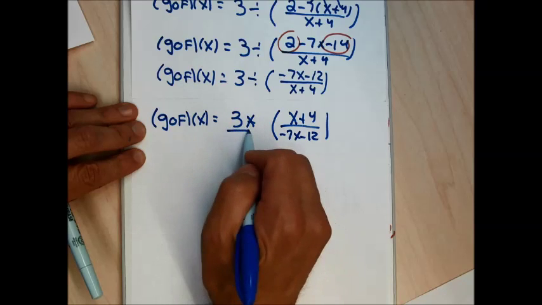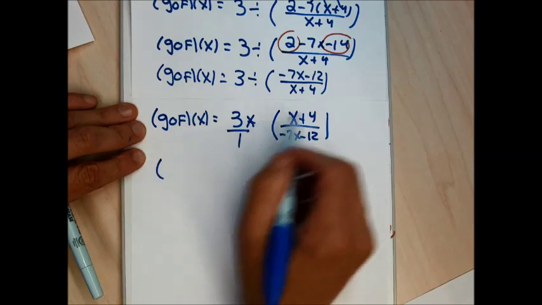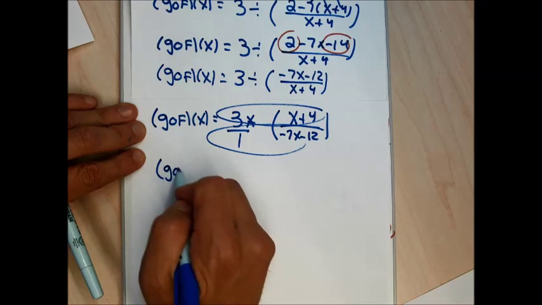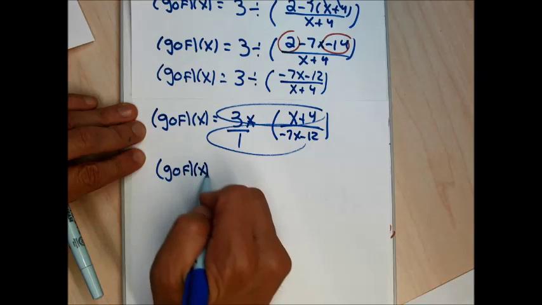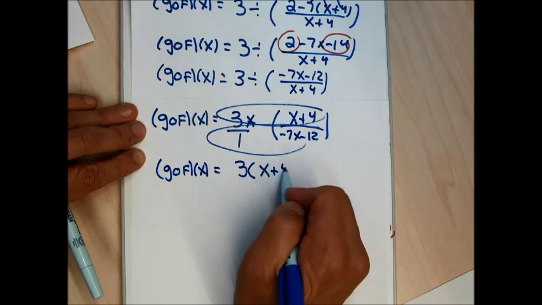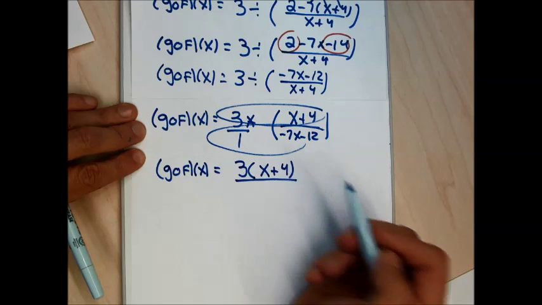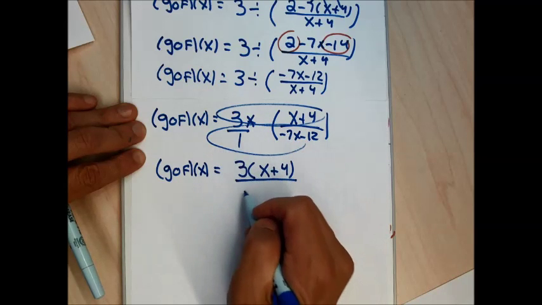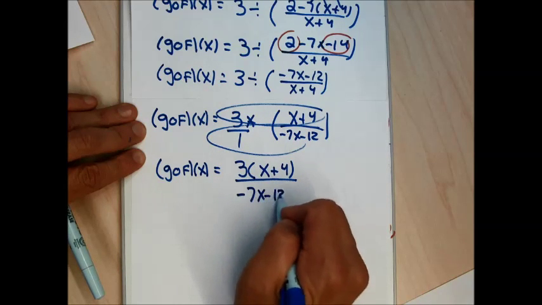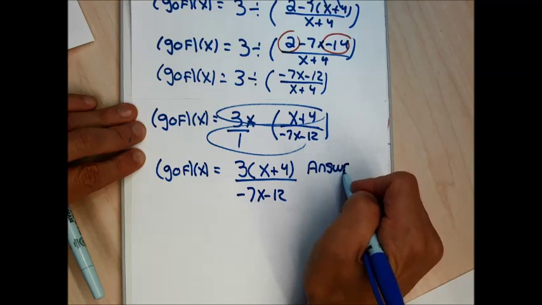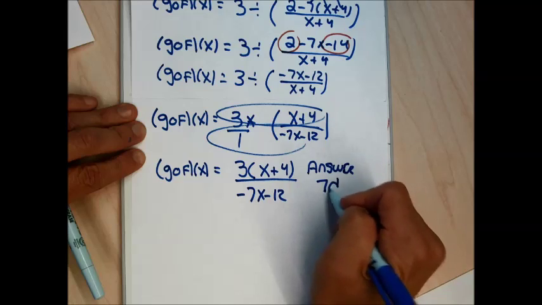I'm going to think of the 3 as 3 over 1 and multiply, and I'm not even going to take the time to factor out a negative from the denominator. In the numerator, I'm going to write 3 times x plus 4, which you could multiply and make 3x plus 12 if you want to. In the denominator, 1 times anything is itself, so I'm going to write minus 7x minus 12. And I'll consider this an answer to part 7c.